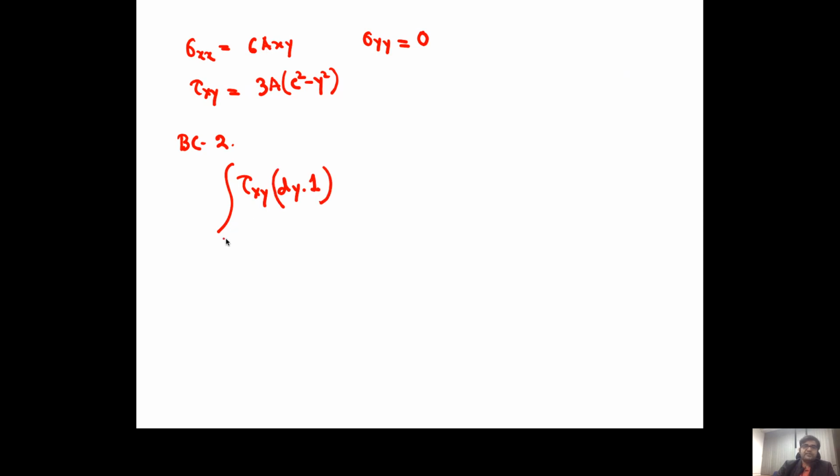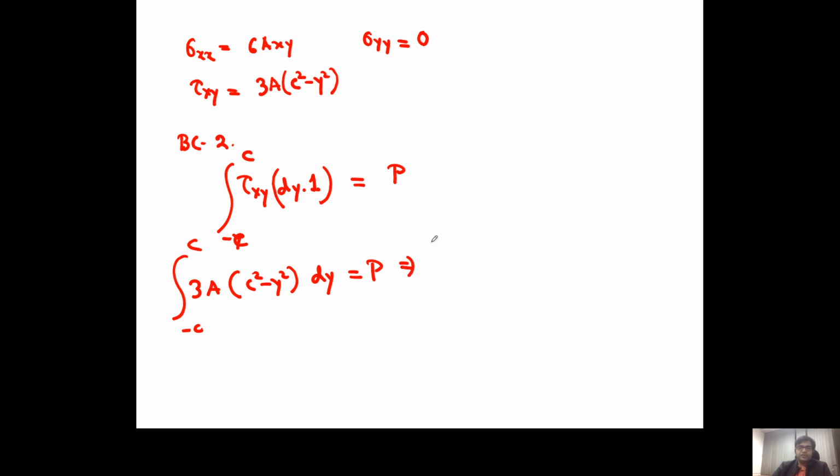That is the area from minus c to c, and this should be equal to your external shear force, which is P. So we can substitute this, which gives us 3a times (c square minus y square) dy. You integrate it from minus c to plus c, and this should be equal to P.